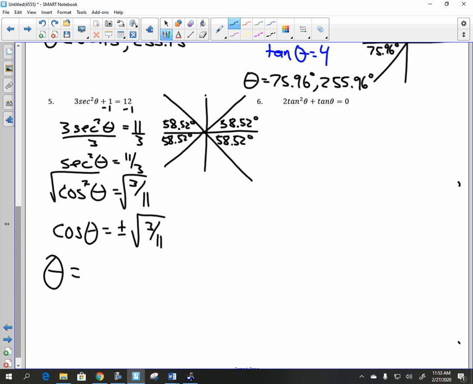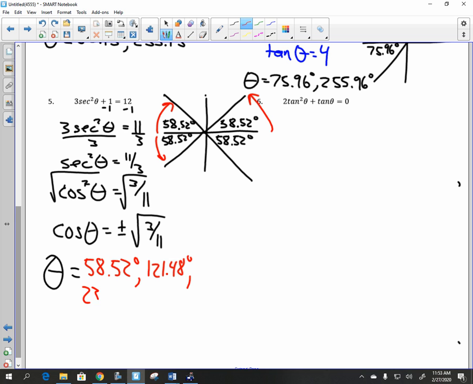So therefore, theta is, what's my first one? 58.52. How do I get the next one? And I get 121.48. Next one, I add 58.52 to 180.